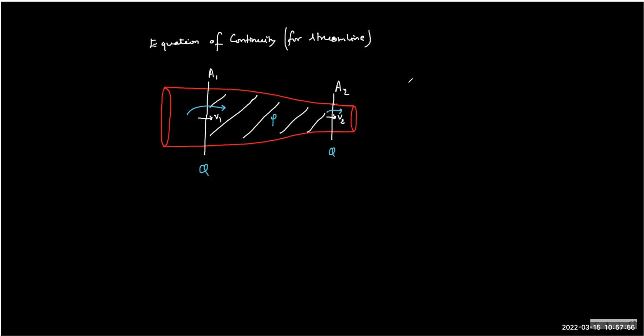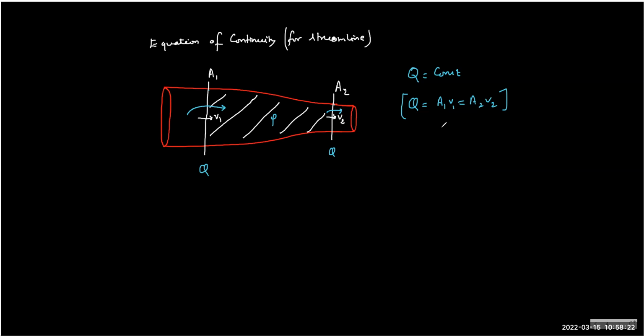So Q is a constant quantity, and because Q equals AV, this relation will be true all the time as long as streamline flow is concerned, as long as the compressibility of the fluid is ignored.